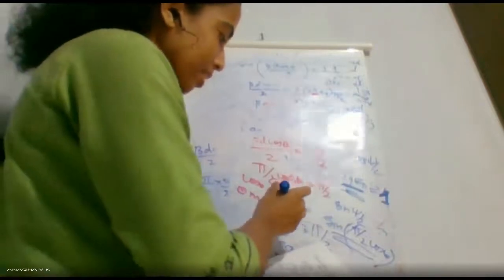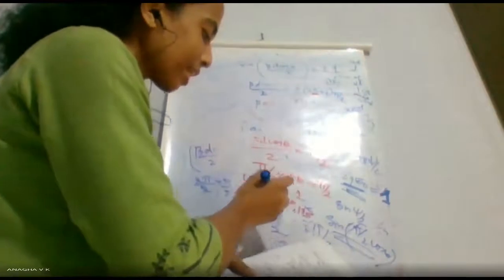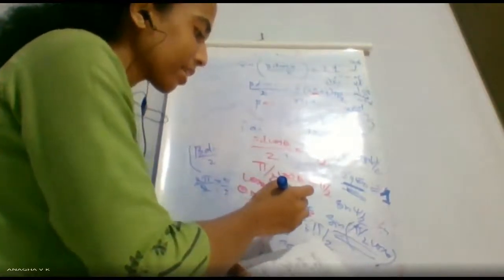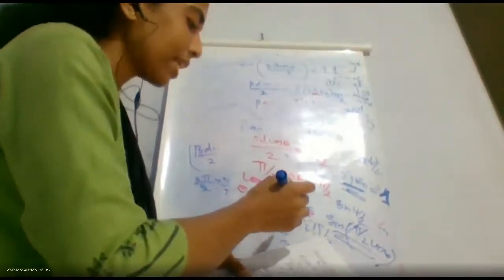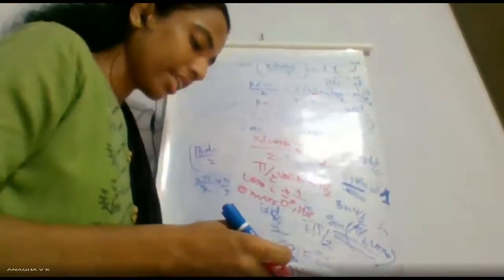Theta max is 0 degree and 180 degree, since cos 0 is 1 and cos 180 degree is minus 1. So this is theta max.